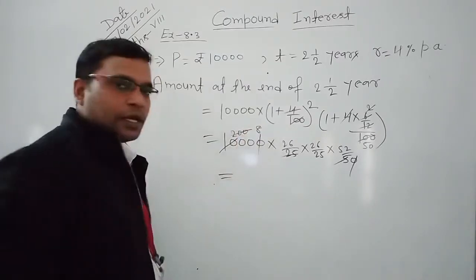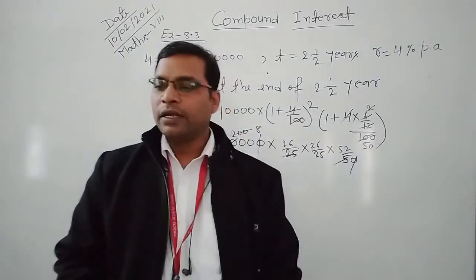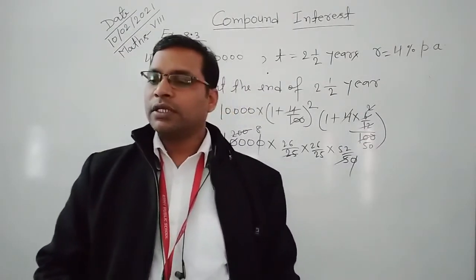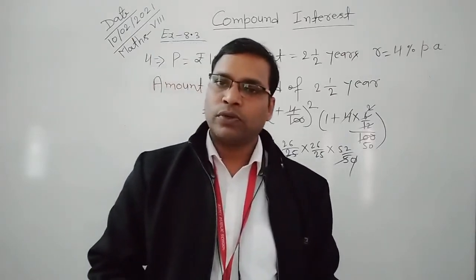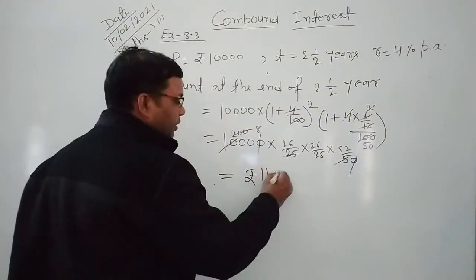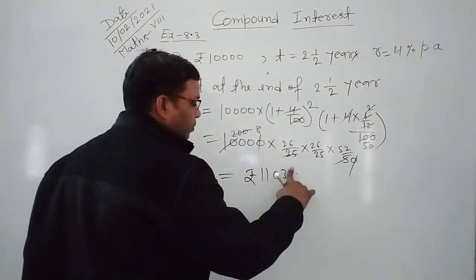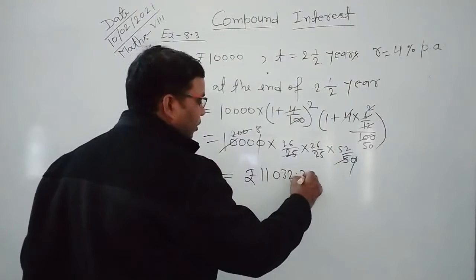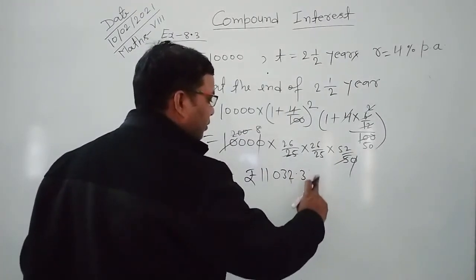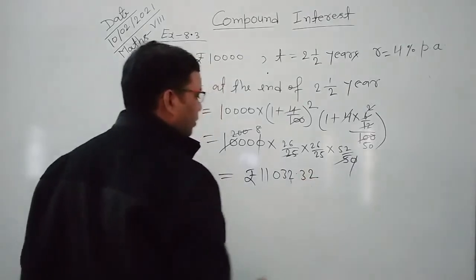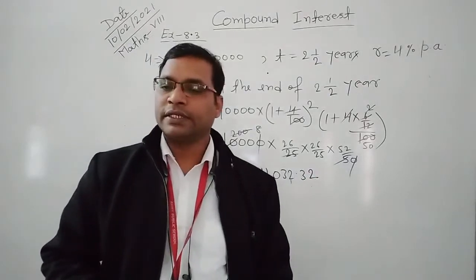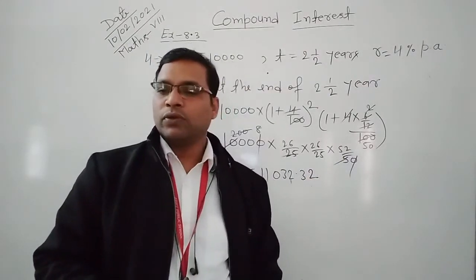If you simplify this, then you get 11,032.32 rupees. This is the amount. Now we need to find the compound interest for 2.5 years.